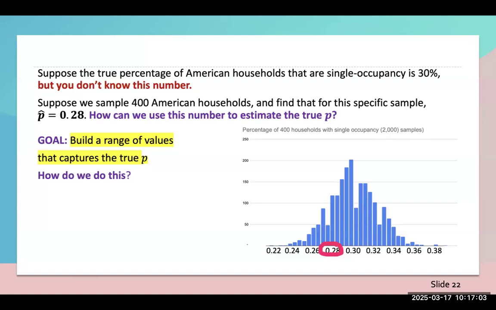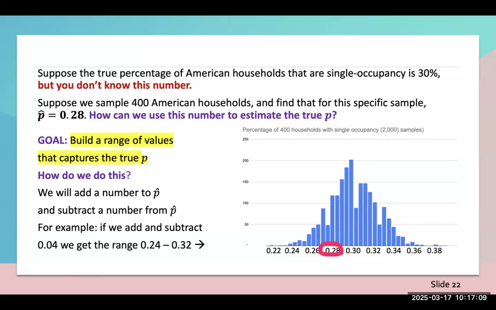What we're going to do is add and subtract a number from our estimate. It really is important to choose the right number, but I'm just going to throw a number out there. If I add and subtract 0.04 to my estimate, remember my estimate is 0.28. If I subtract 0.04, I get 0.24.